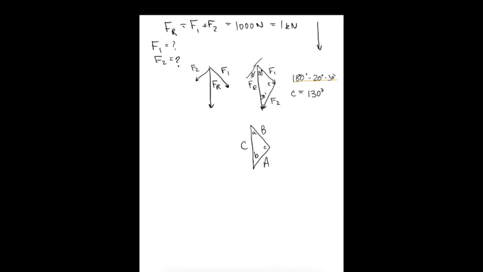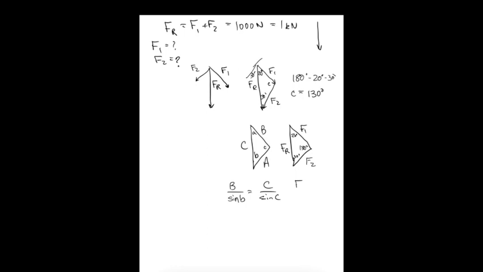Well, law of sines tells us that b over sine of B is equal to c over the sine of C. And we know that this is FR, this is F1, and this is F2. And this is 130 degrees, this is 20 degrees, and this is 30 degrees. So we just start putting the information in.